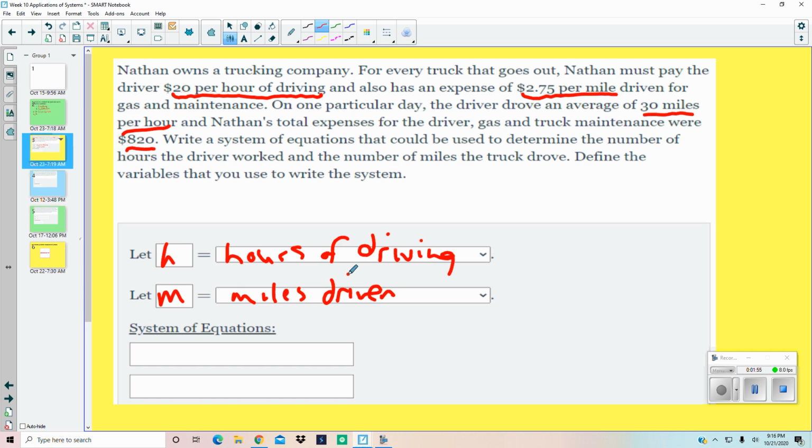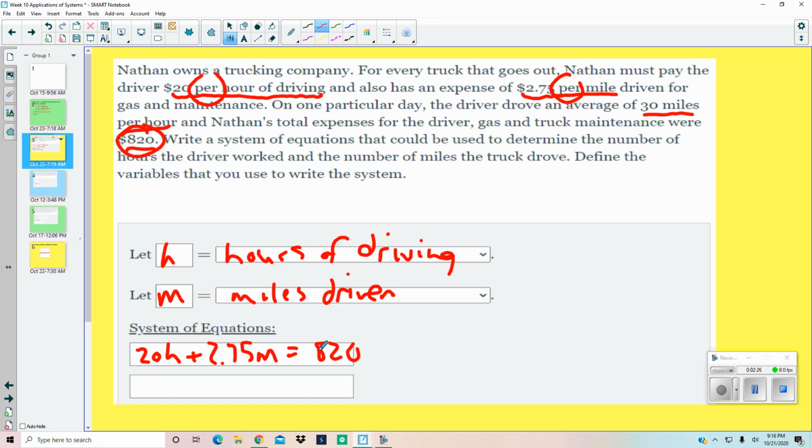So if I think about a system of equations, since it's $20 per hour, that would be 20 times H, which is the number of hours, and it's $2.75 per mile. Whenever you see the word per, that's going to be multiplication, so 2.75 times the number of miles, so that's M. And then whenever they give you a total amount of money, that's going to go on the other side. So there I have one equation.